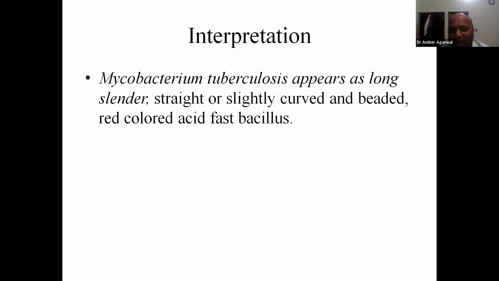So this is one clinical tidbit which I want to share, that AFB positive will not always be molecular positive. And the reverse is also true. For an AFB smear you need 10 to the power 6 bacilli per ml. Sorry, not 10 to the power 6, 10 to the power 4. 10,000 bacilli should be there per ml of sputum to come positive on an AFB smear.